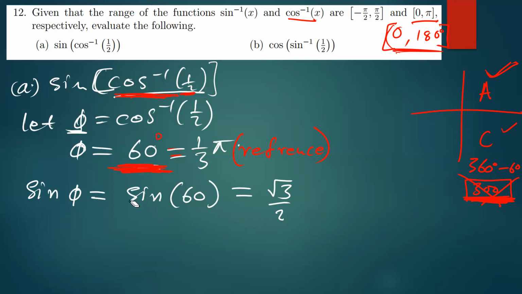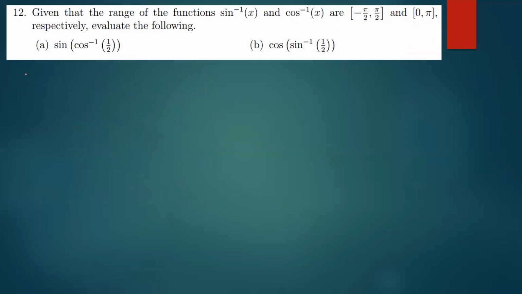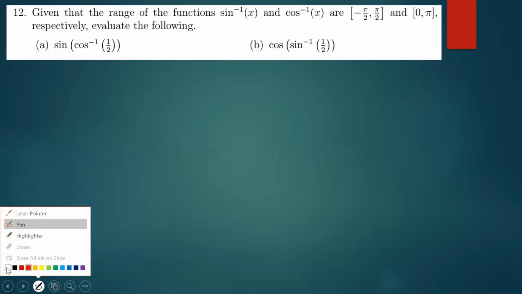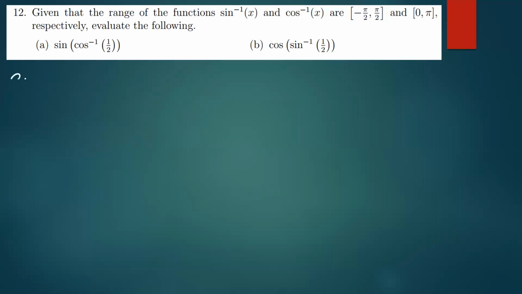Let me quickly solve the second part, which is part B. The second part is cos of sine inverse of half.